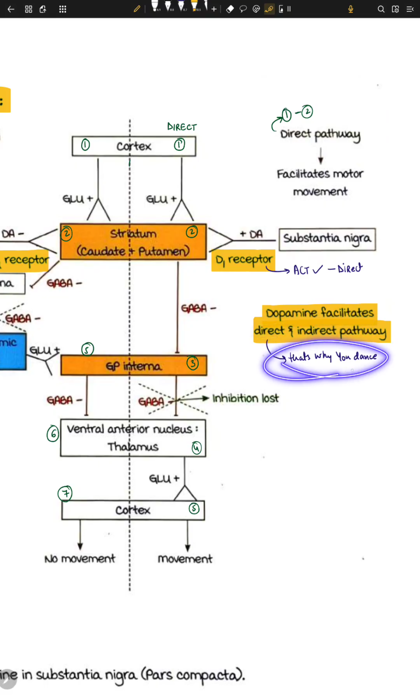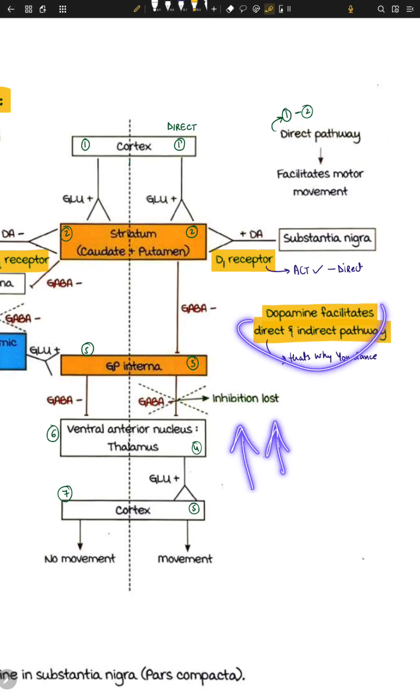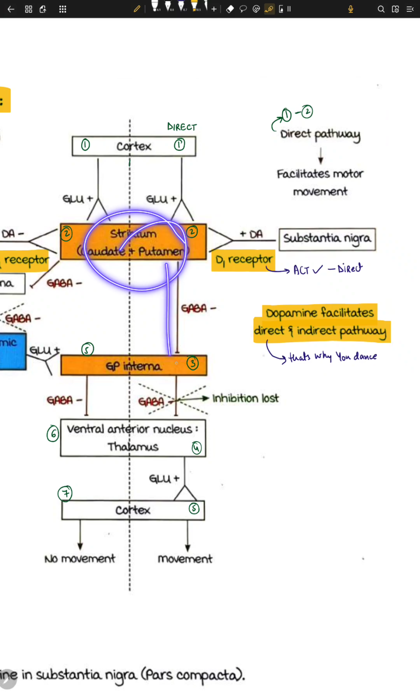That's why you dance. That's a good explanation. Whenever your dopamine is high, you feel like dancing, because a lot of dopamine is facilitating striatum, and then striatum is further inhibiting GP interna, and then GP interna does not inhibit this ventral anterior nucleus.